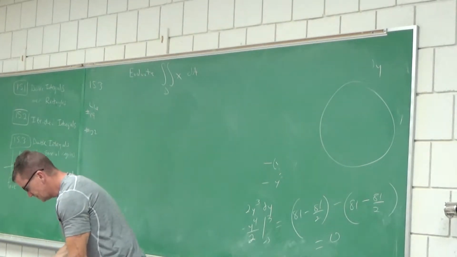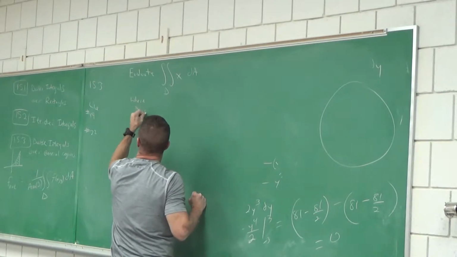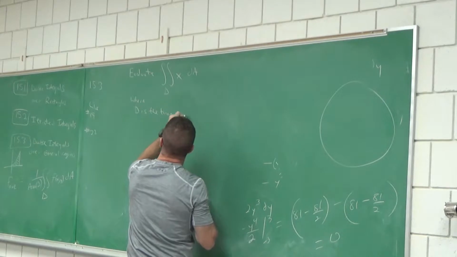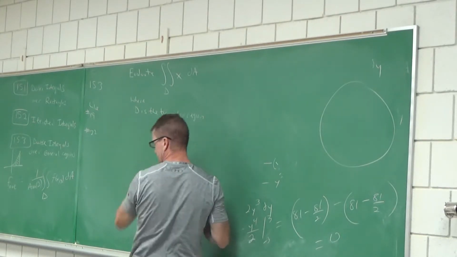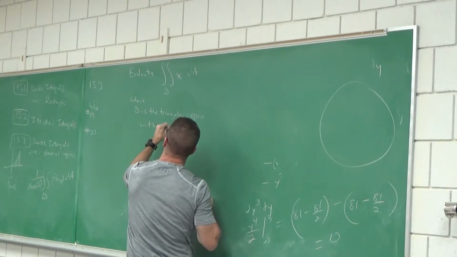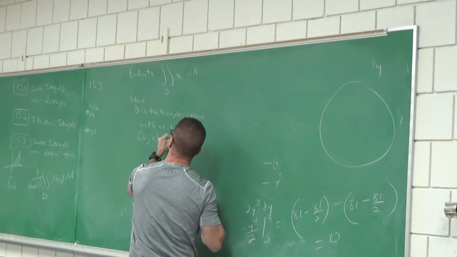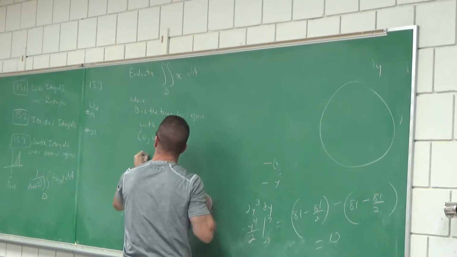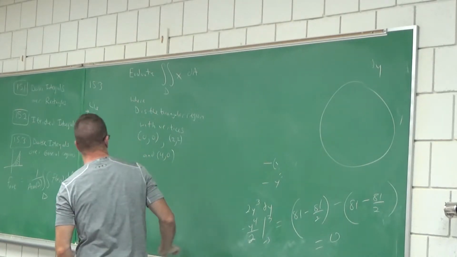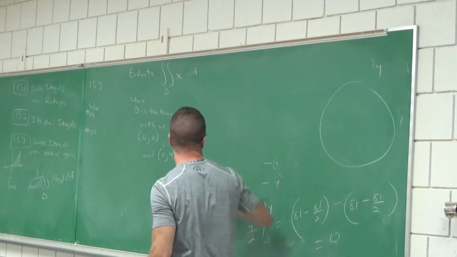Where D is the triangular region with vertices 0, 0, 2, 2, and 4, 0. Oh, hang on, 0, 4. This is like number 19 and 22 out of the textbook.